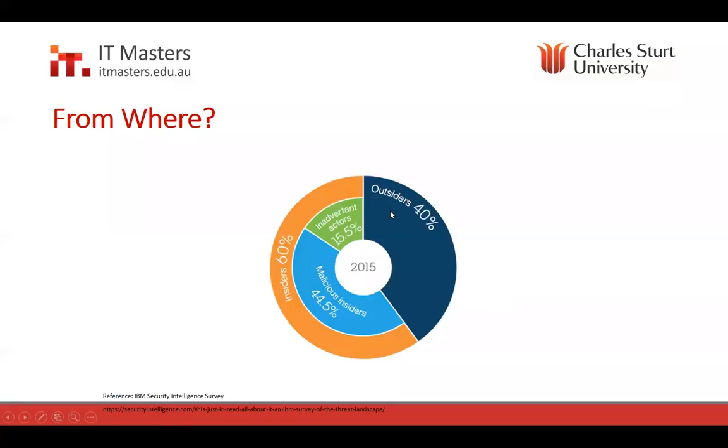So that's the outsiders. Well, the insiders, they found in their survey 15.5%, not sure, I think they can be more accurate, were through inadvertent actors or inadvertent actions. So accidents, okay, things that weren't meant to occur but did occur. And then 44.5% were malicious insiders.